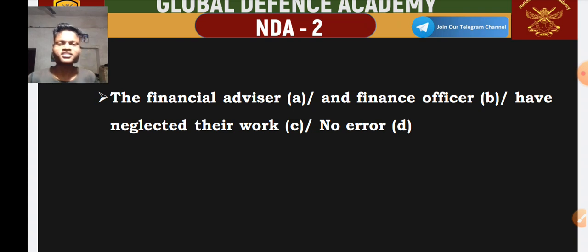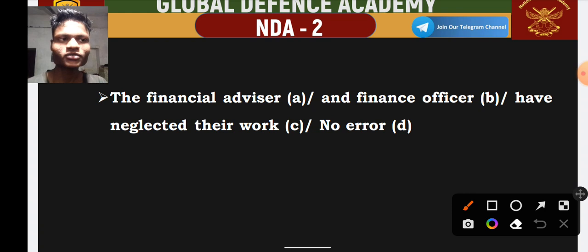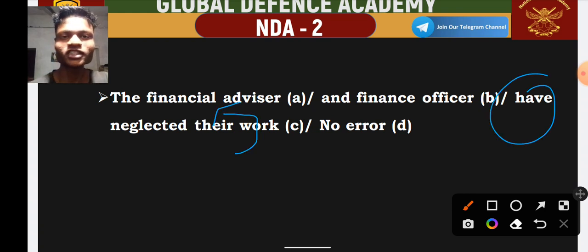And here is another example, also written for you here. The financial advisor and financial officer have neglected their work. Pick out an error from this sentence. Let me reiterate this sentence. The financial advisor and finance officer have, we have to replace both have and their.